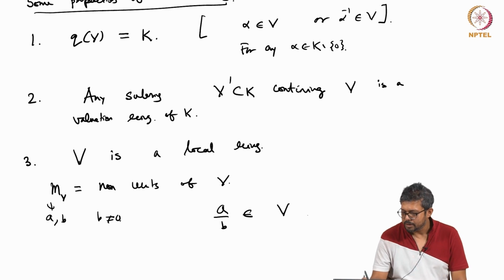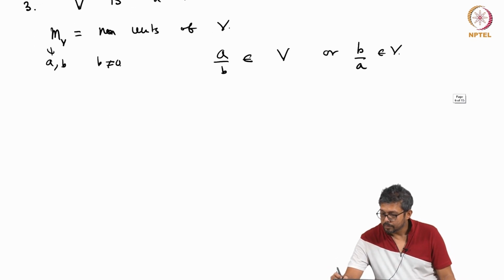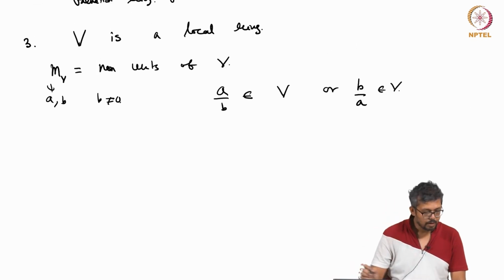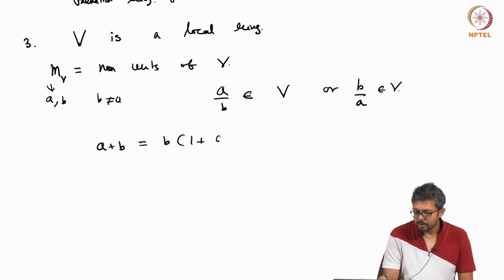Because V is a valuation ring, either A by B belongs to V or B by A belongs to V. Right. So, now you write A plus B as B times 1 plus A by B.